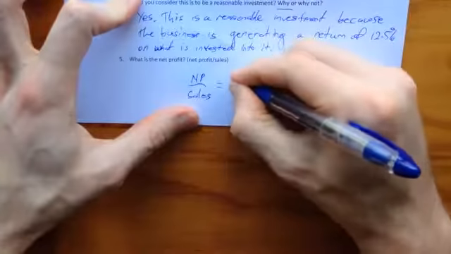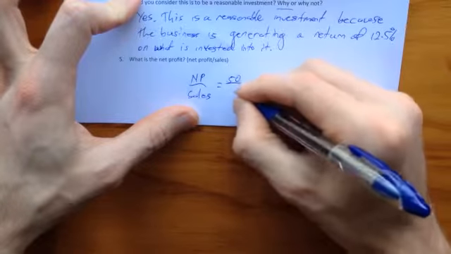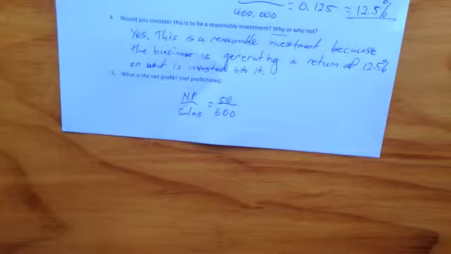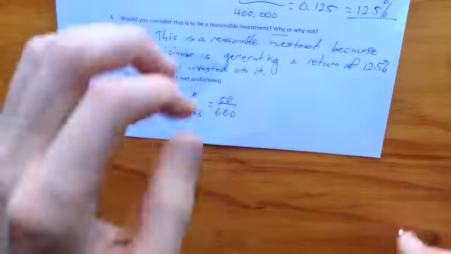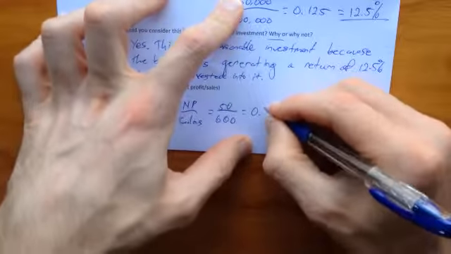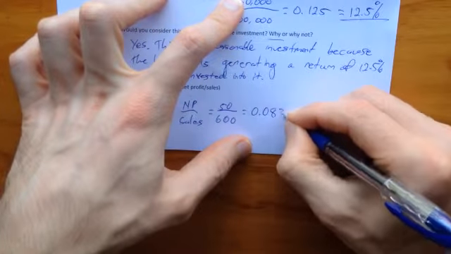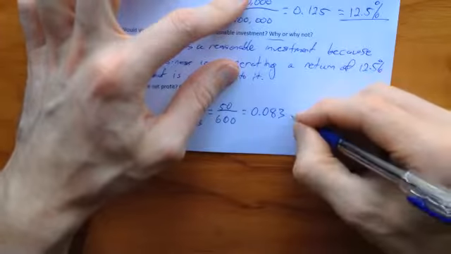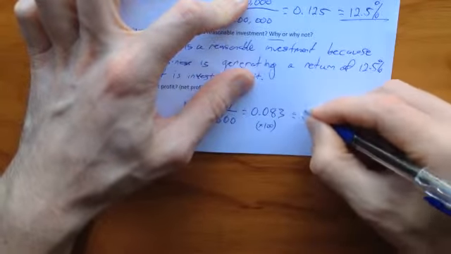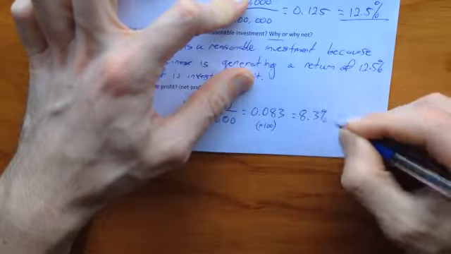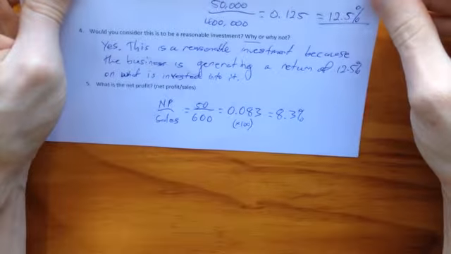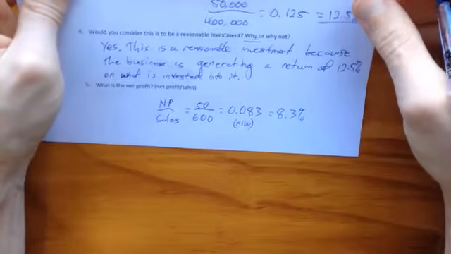So we're back here, 50,000 over 600,000 equals 0.083. So if we times that by the 100 to turn it into a percentage, we get 8.3%. Seems a bit low, like we're running out of a bit of money.